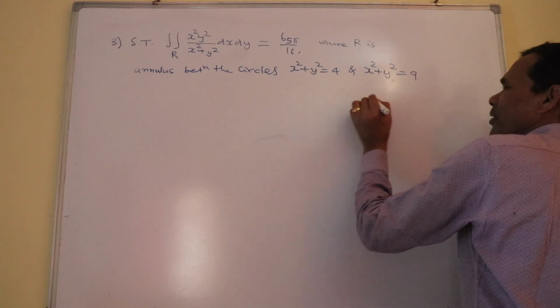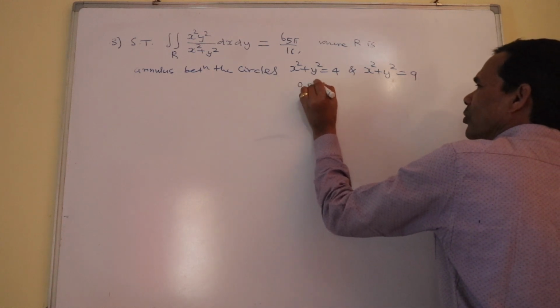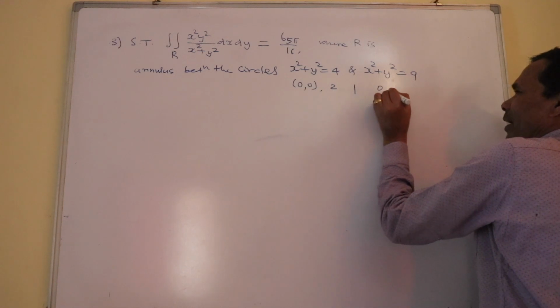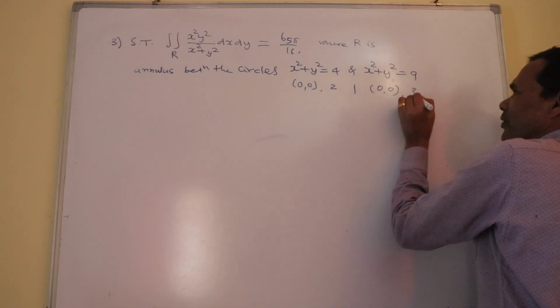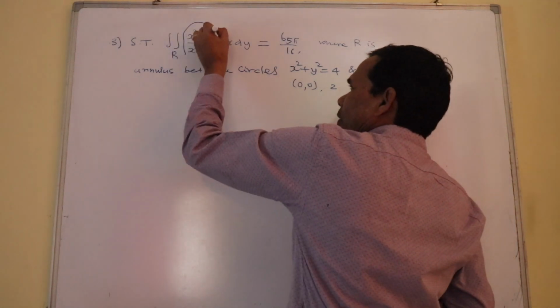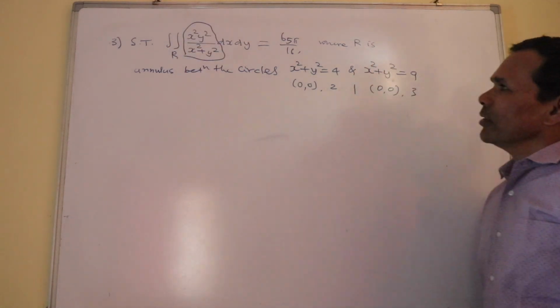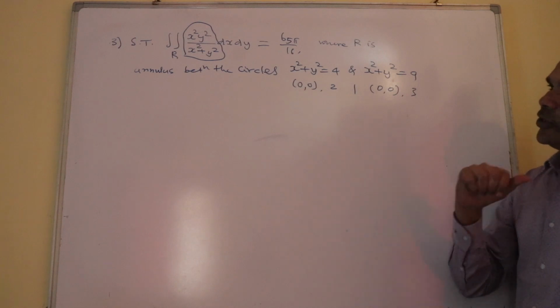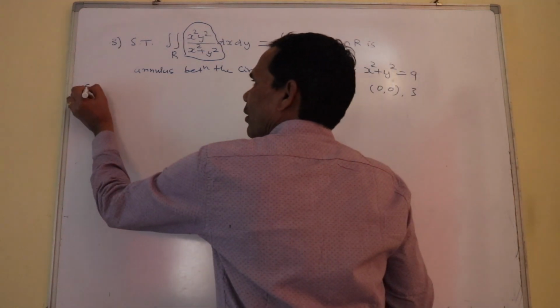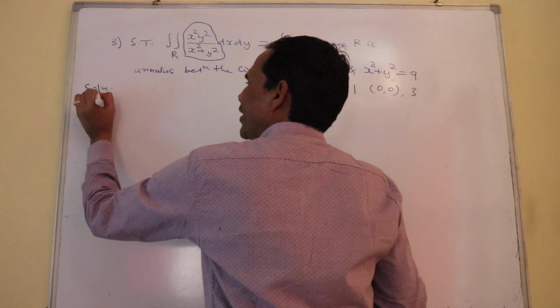If you observe, this circle has center at 0, 0 and radius 2, and this circle has center at 0, 0 and radius 3. So it is rather complicated to work out this problem by Cartesian coordinates. We need to transform this into polar coordinates. Solution: we transform into polar coordinates.